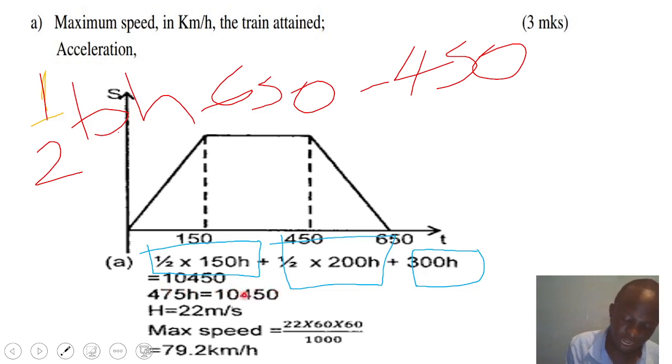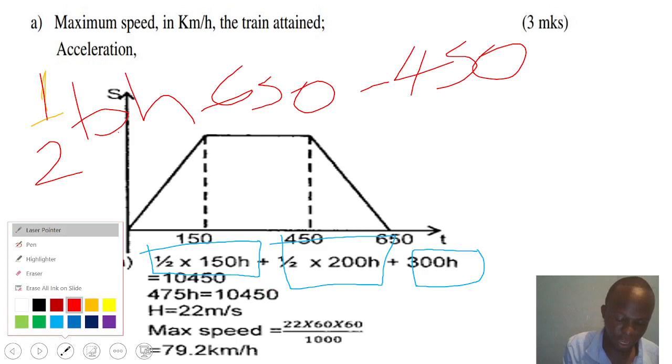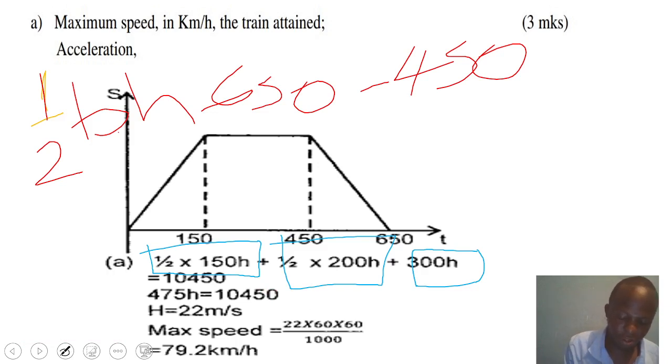Now after equating that, we can establish that 475H is equal to 10,450. And from that, it can be seen that the H is 22 meters per second. That is how we find the H, since the H is unknown.